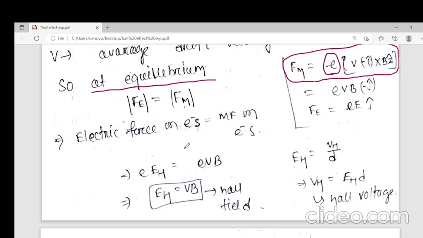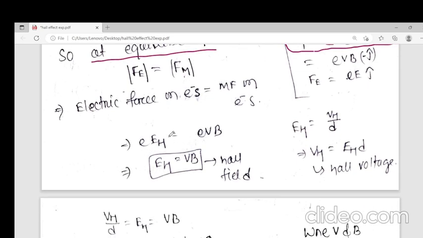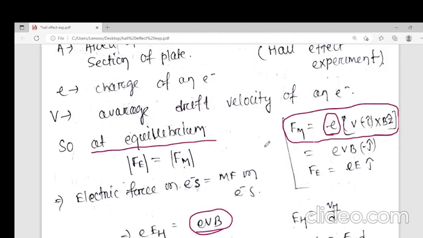So as you know, the electric force is qE_H, and this is qvB. If you equate them, then the Hall electric field will be E_H = vB. Here v is the drift velocity of the electron.